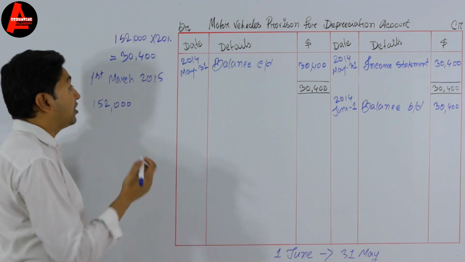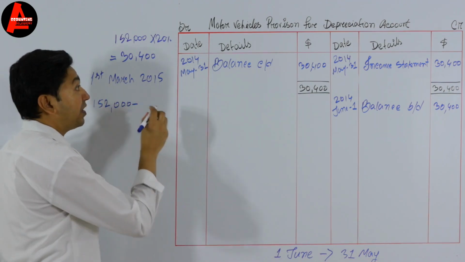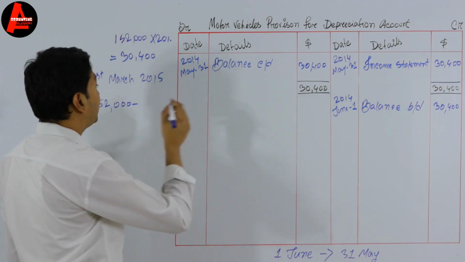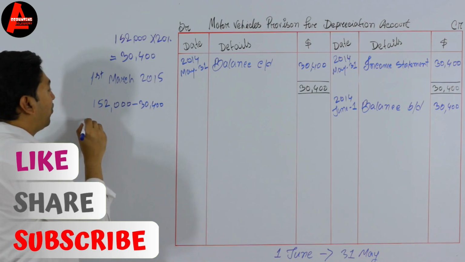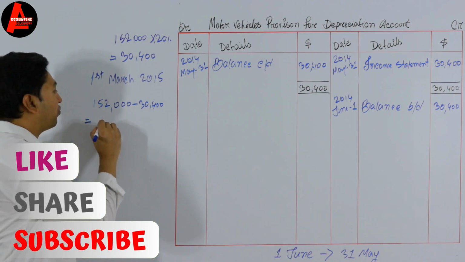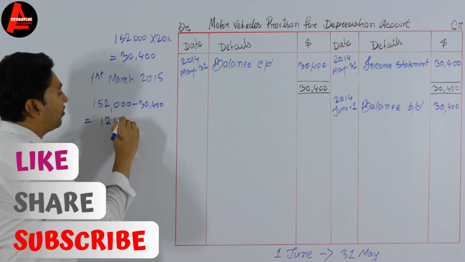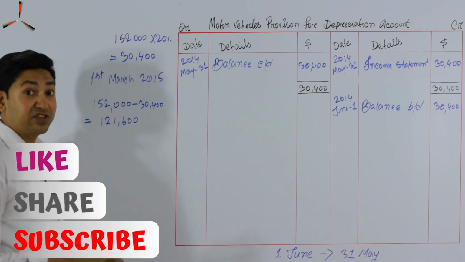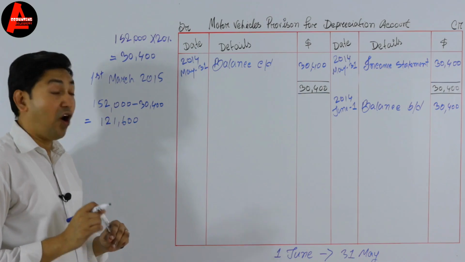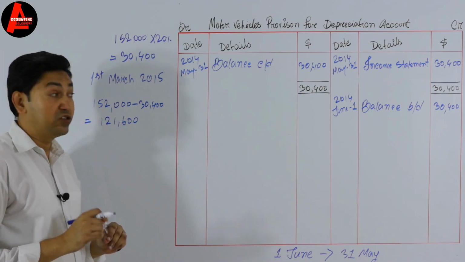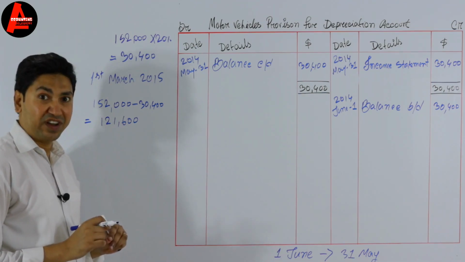Now we need to subtract the previous year depreciation, which was $30,400. So what we get here is $121,600. This is the net book value on 1st June 2014.